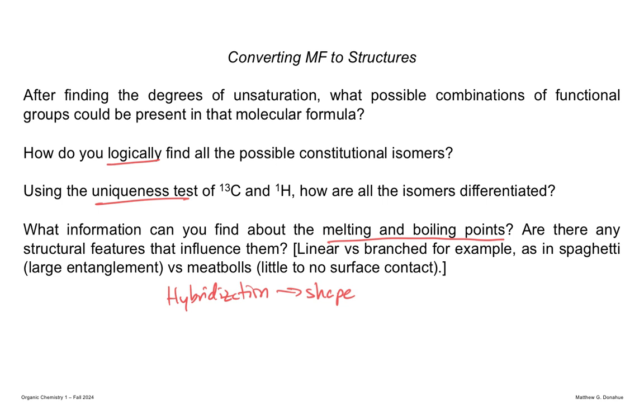As you have longer and longer chains, they become more entangled like spaghetti. That means you have to put in more heat to separate them, which increases the boiling point. If you just have things that look spherical like M&Ms or meatballs, they're not entangled with one another. So as you add heat, it's easier to boil them off. We'll talk about those things probably at the end of next week.